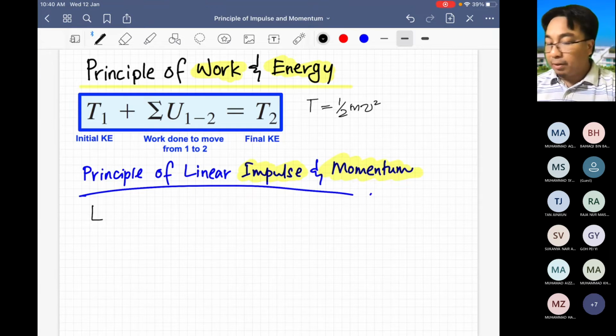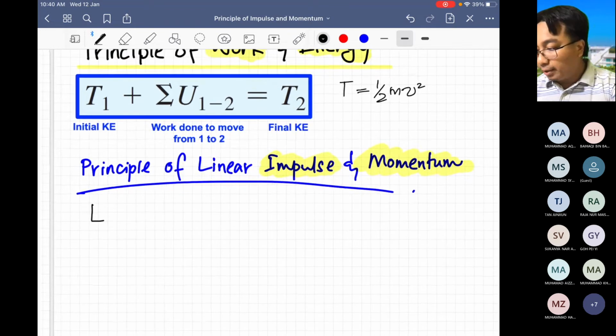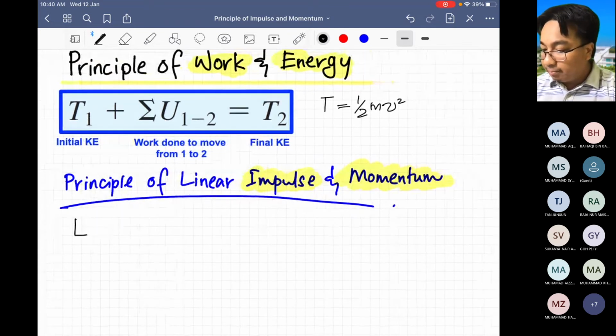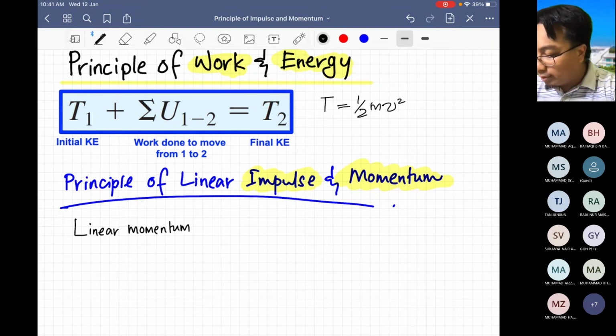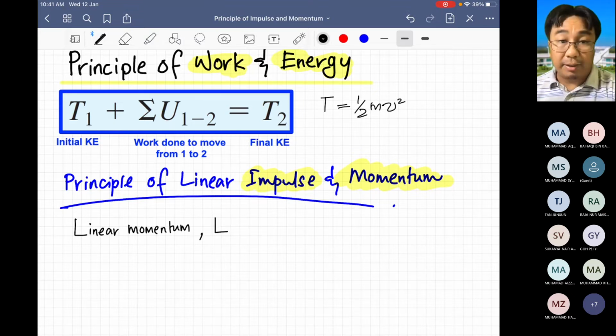For the principle of linear impulse and momentum, I was asking about the momentum. Momentum is given by the symbol L, linear momentum. I'm going to write linear momentum here. How do you calculate linear momentum?